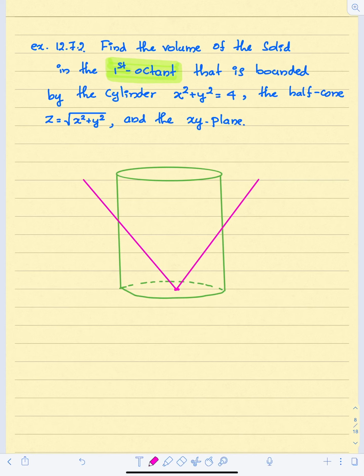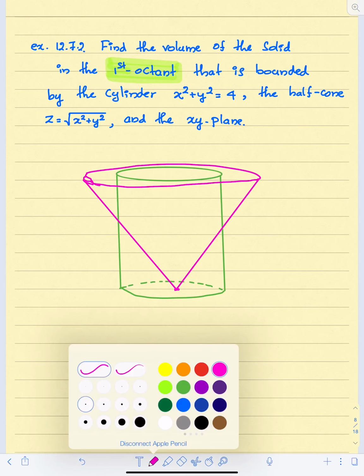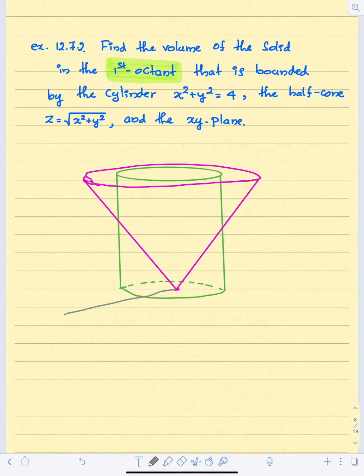We have a cone like this. Now let's locate the x and y axes. This is the x-axis, this is the y-axis, and here we have the z-axis.